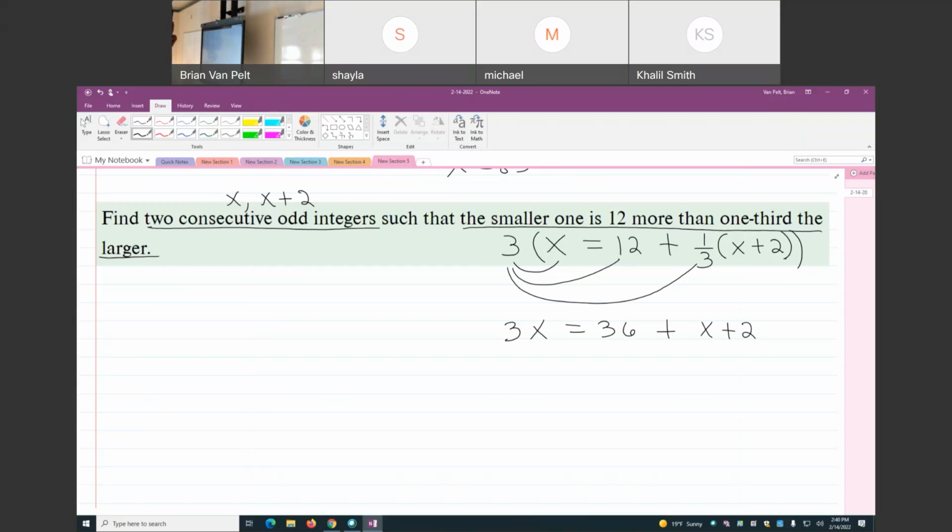Now what would you do? I wouldn't yet. What's my first thing I would do? Find your like terms, so simplify before you do any solving. 36 and the 2 adds up to be 38. Subtract x.